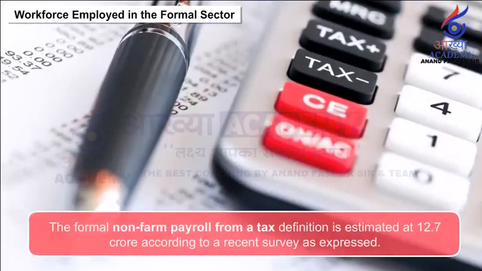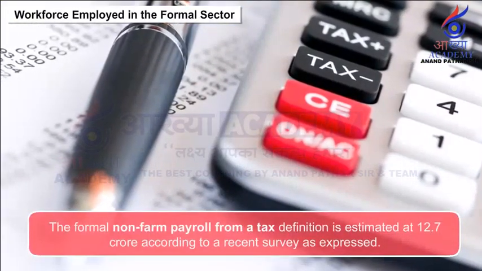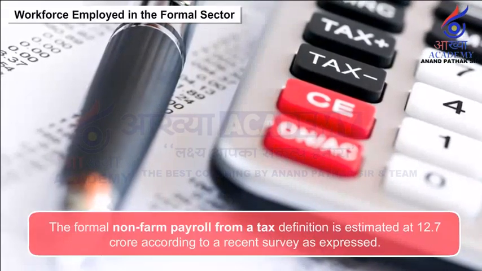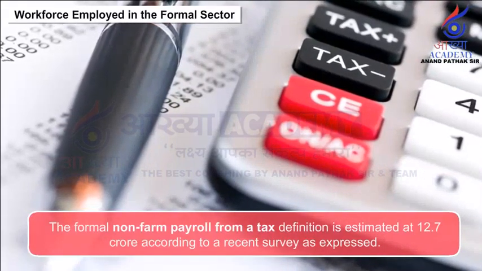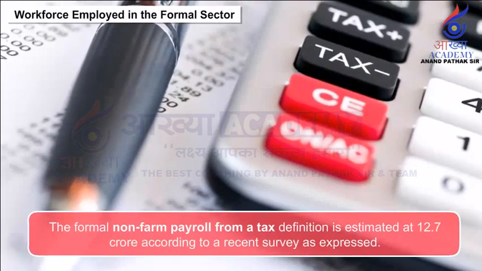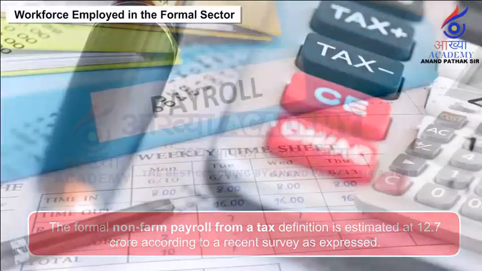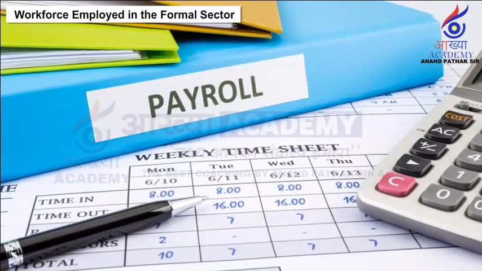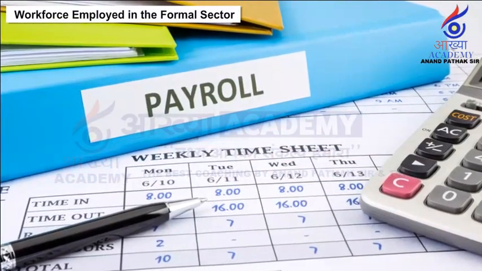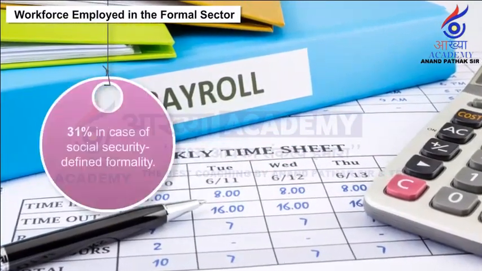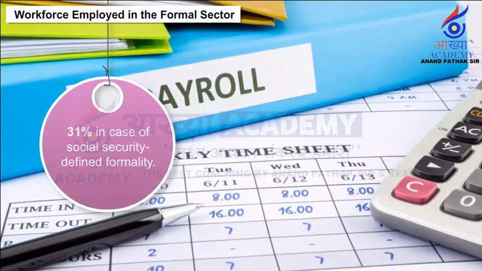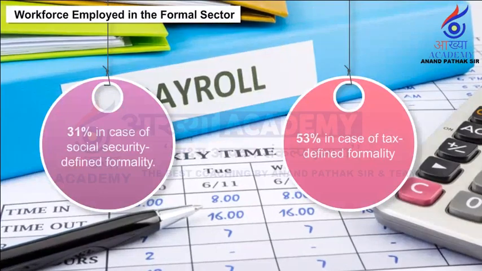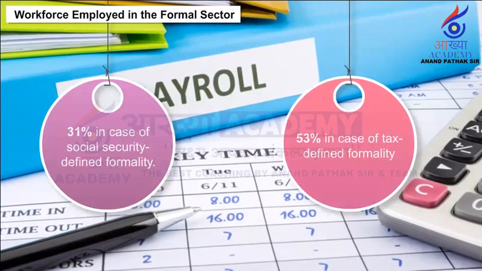The formal, non-farm payroll from a tax definition is estimated at 12.7 crore, according to a recent survey. These estimates for formal, non-farm payroll range from 31% in the case of social security defined formality to 53% in the case of tax-defined formality.